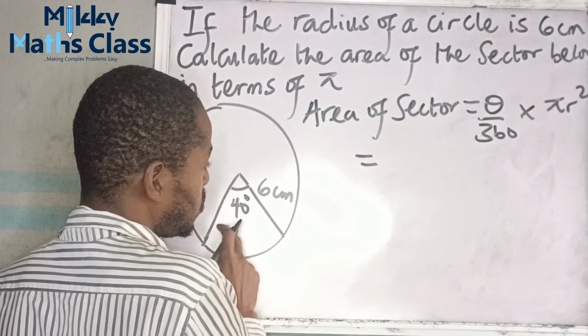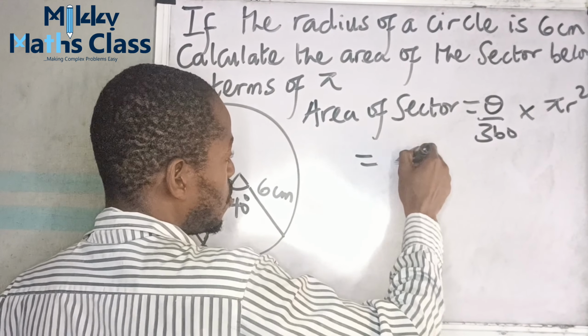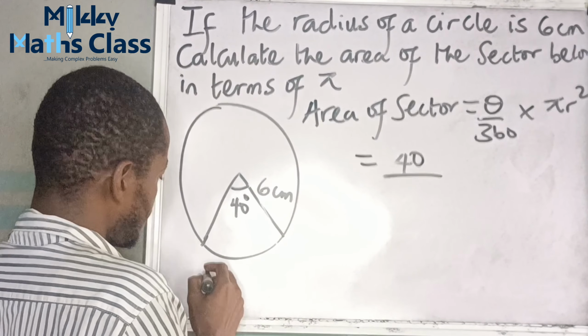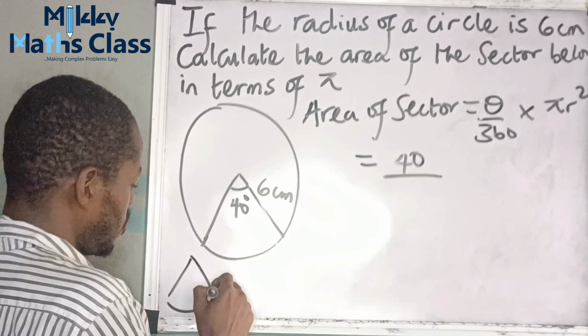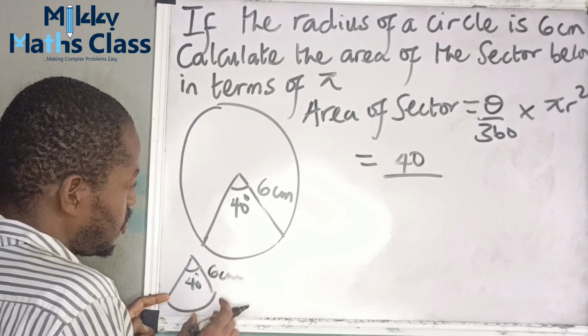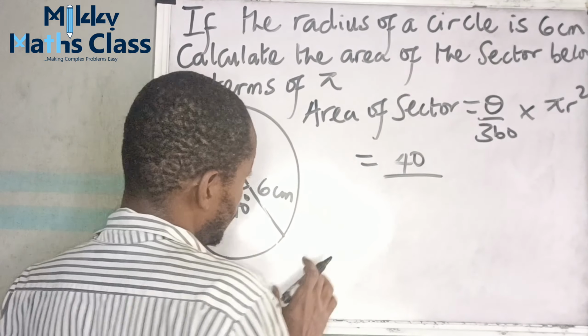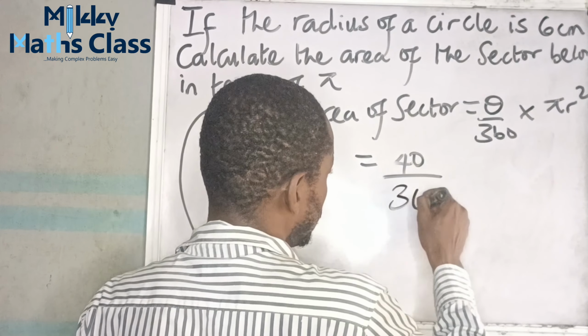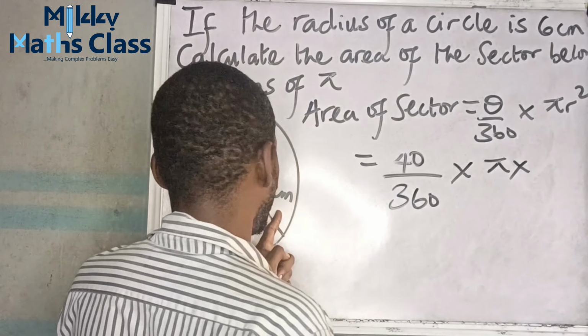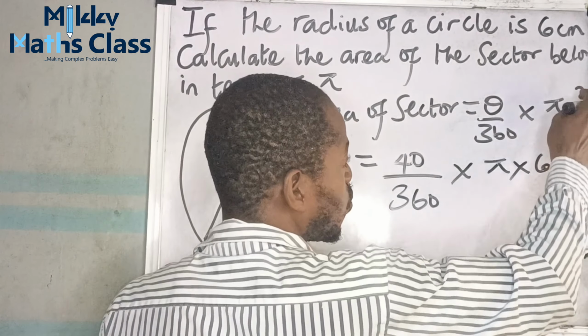Theta here is 40. The angle of this sector here is 40 degrees, and here is 6 centimeter. This is the sector. Now 40 over 360 times pi times the radius 6, so this is 6 squared.